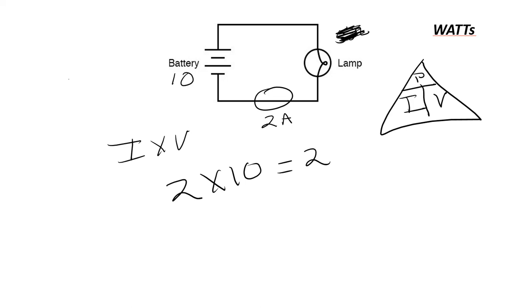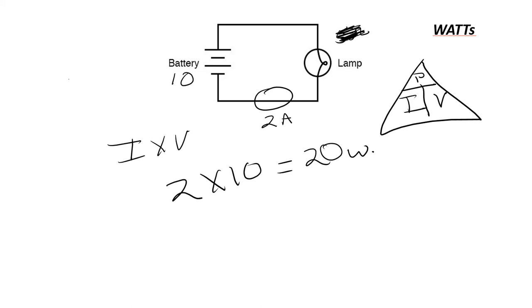That would be 20, and that would be 20 watts. All right, do we see how easy that is? So again, we're using our triangle, PIE or PIV in this case, but E and V are interchangeable. Remember that. Electromotive force is another name for volts, which is what we use.